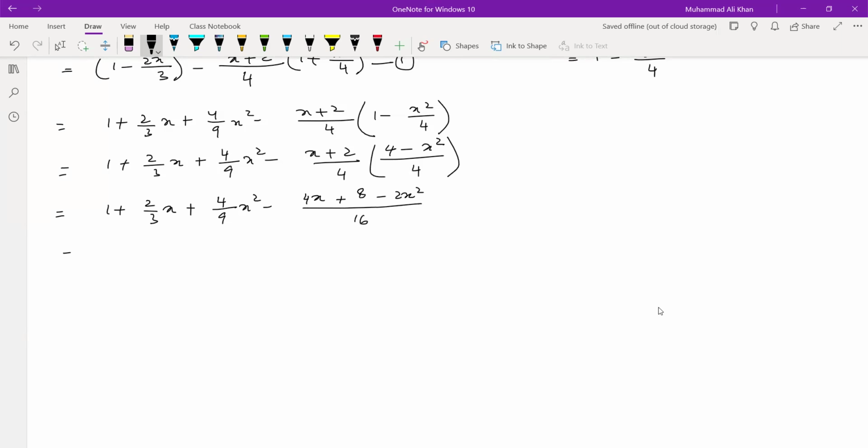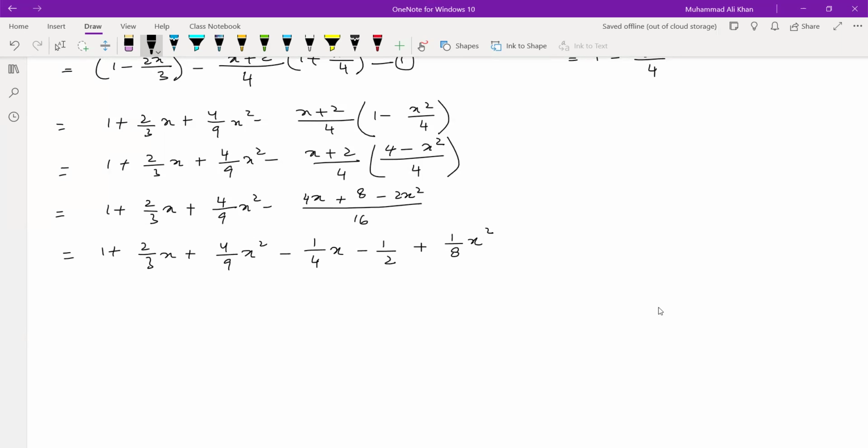Now it will be 1 plus 2 over 3x plus 4 over 9x squared. LCM break कर दीजिए. 4x over 16 will be 1 upon 4x. Minus की वजह से minus. 8 upon 16 will be 1 upon 2. Minus की वजह से minus. 2 upon 16 is 1 upon 8. Minus minus plus 1 upon 8 x square.